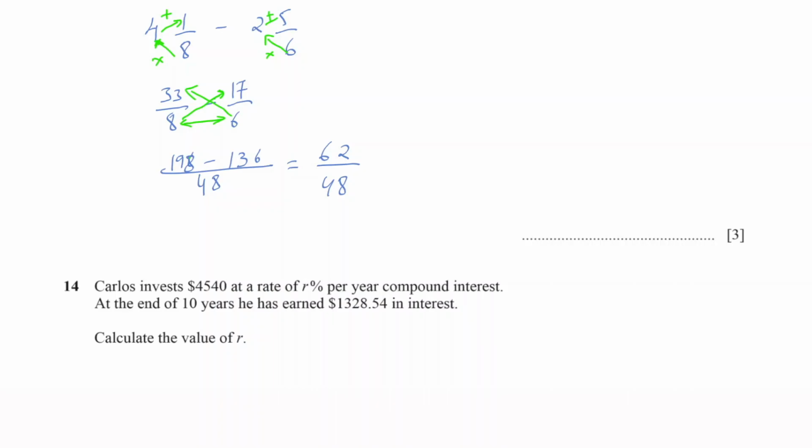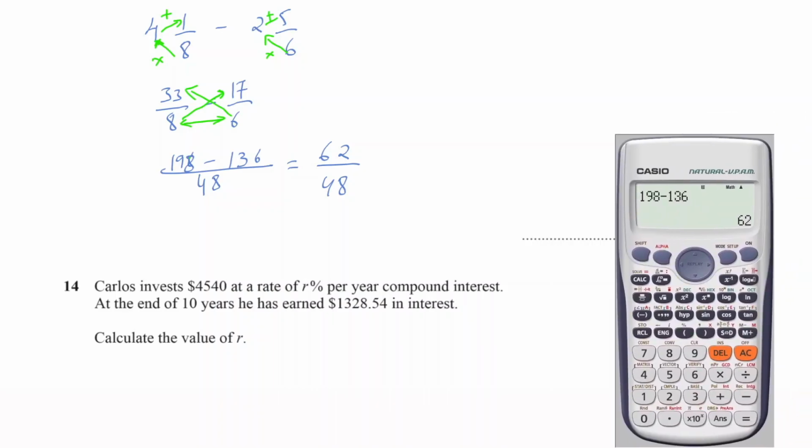What you can do is take out a calculator now, not an issue, and type 62 by 48 and press equals. It gives you the lowest form, that is 31 by 24.